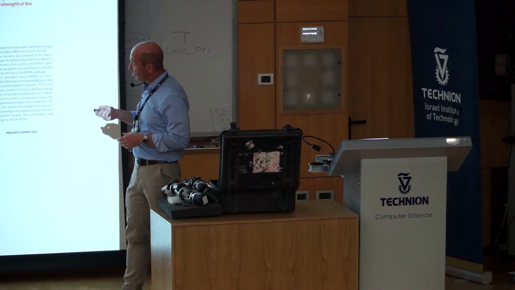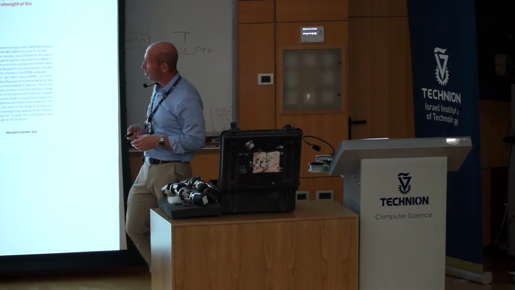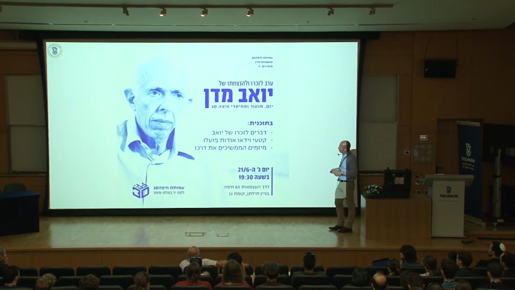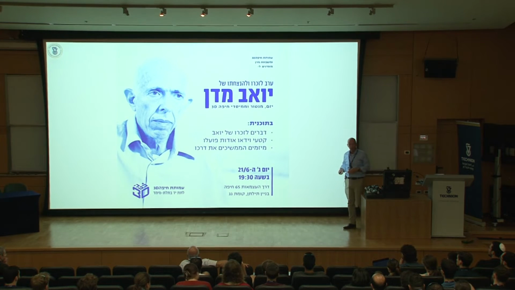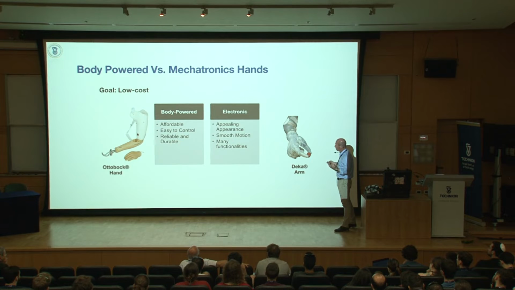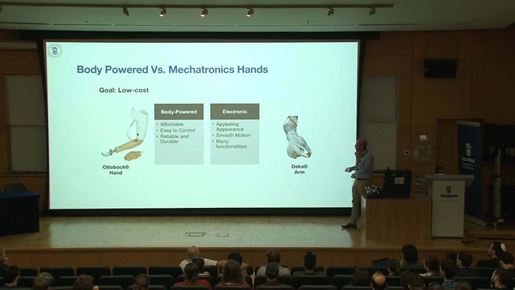It's a project that started with two of my PhD students, Yair and Shunit, and with a collaboration with Haifa 3D, and here it's a good point to recognize Dr. Yoav Meidan, of blessed memory, who was a big collaborator on this project, and this is an evening in his memory. Many, I think, know him. He was here on campus.